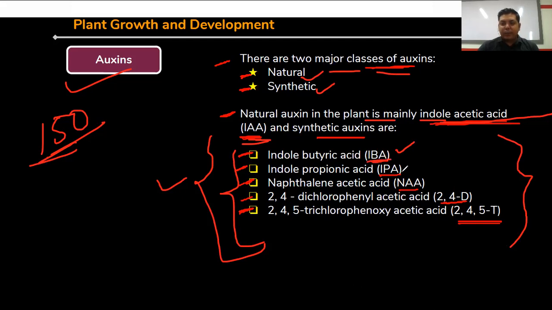Then indole propionic acid, IPA; naphthalene acetic acid, NAA; 2,4-D, 2,4-dichlorophenoxyacetic acid; and 2,4,5-T, 2,4,5-trichlorophenoxyacetic acid. 2,4-D and 2,4,5-T are extensively used nowadays in the agricultural field because they are synthetic, or artificial, auxin hormones. Clear?